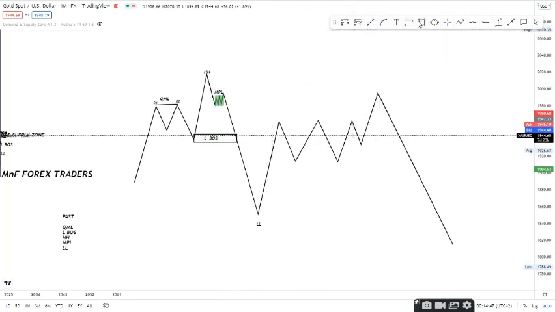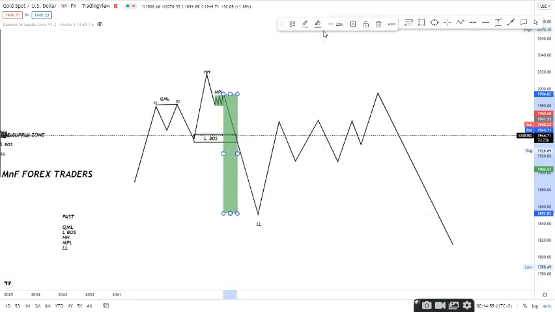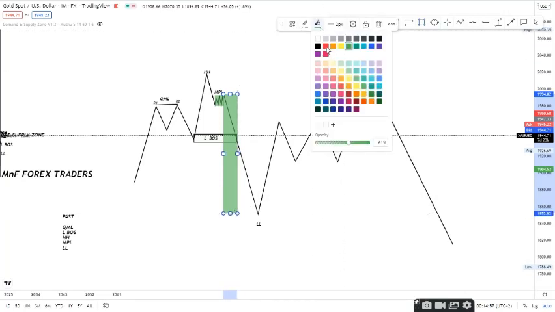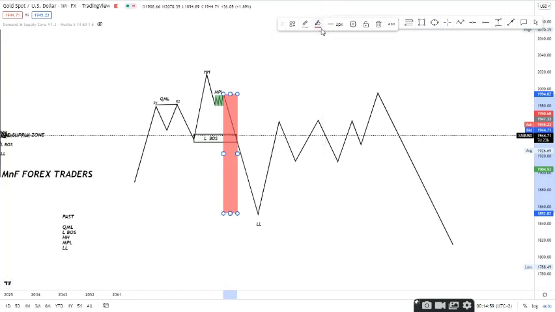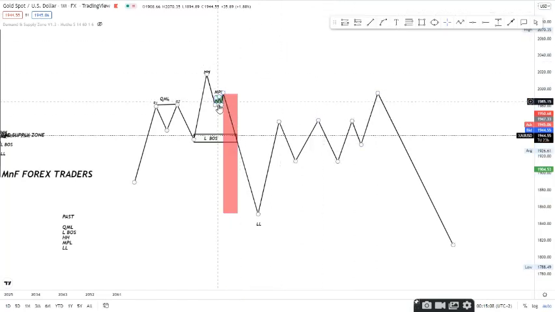Then now we have a bearish candle that breaks structure here. Then we have a bearish candle that engulfs this candle here. This is fake, but let me make it something like this. This is what you call a bearish engulfing pattern.